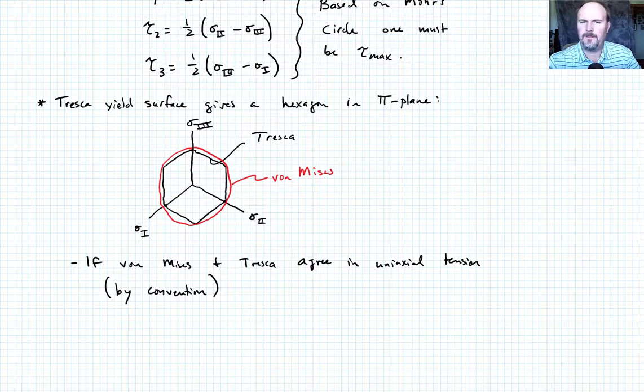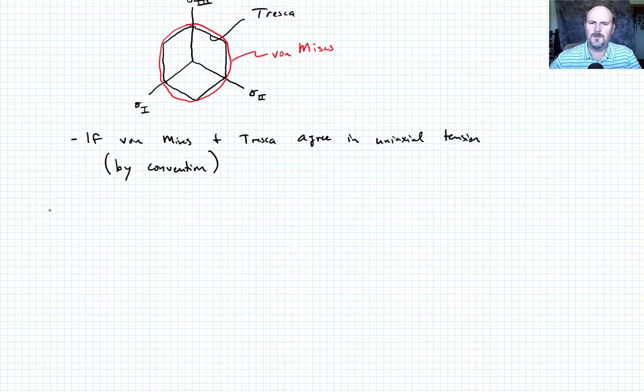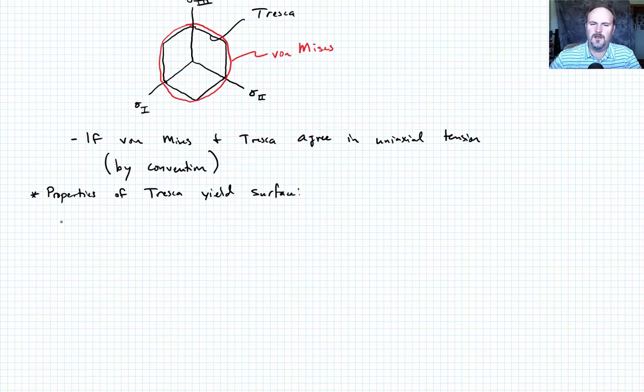Okay? So let's now talk a little bit about the properties of the Tresca yield surface. Number one thing you should be able to see is that yielding is going to be the same whether I'm in tension or compression, right?